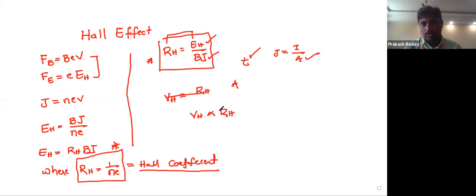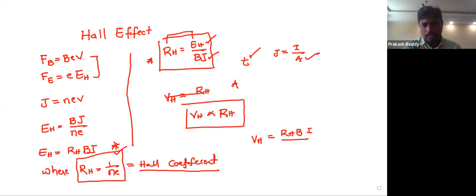These relations are most important. Try to remember these equations. First equation, RH equals 1 by N into E. Second equation, RH equals EH by BJ. And third equation, VH equals RH into B into I by t.